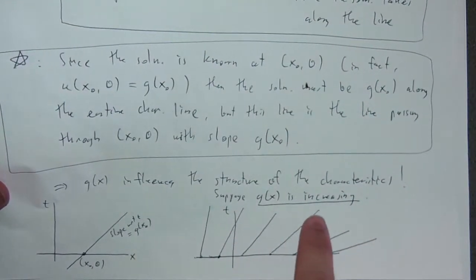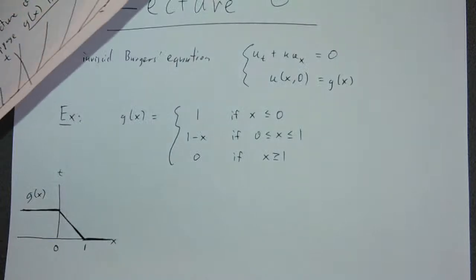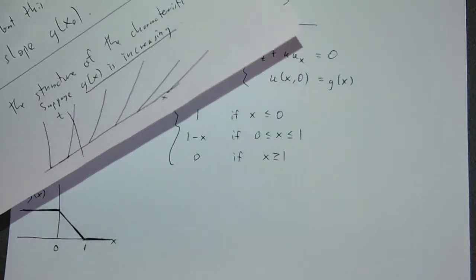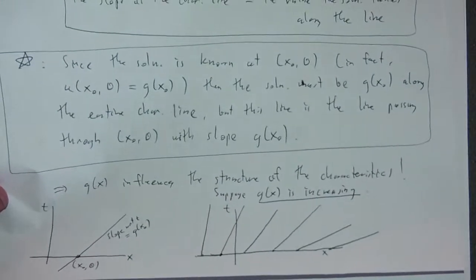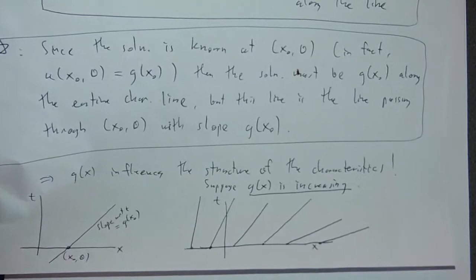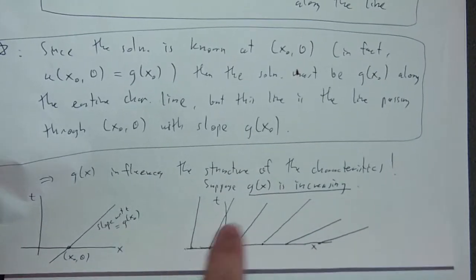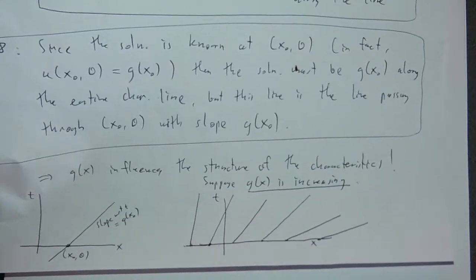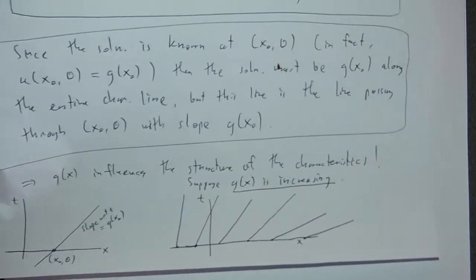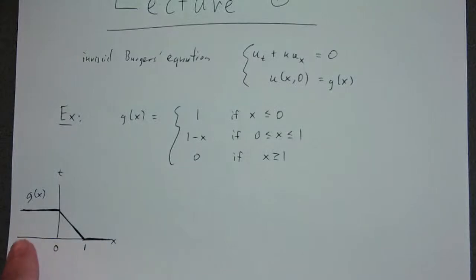Wherever g of x is increasing, or constant is fine too, of course, I just want it to be non-decreasing, really, the slope is determined by g. If g is strictly increasing, maybe it looks like this. If g is constant, of course, the slopes are going to be constant for those characteristics.